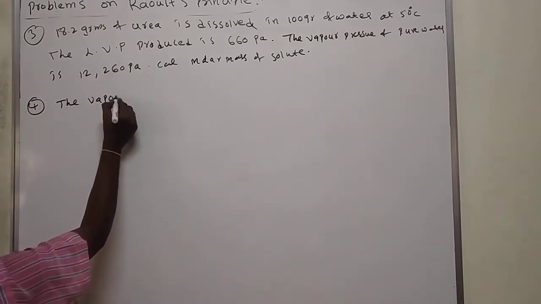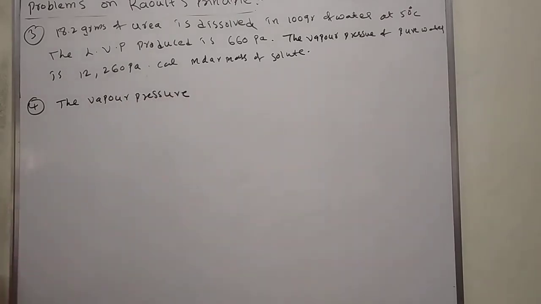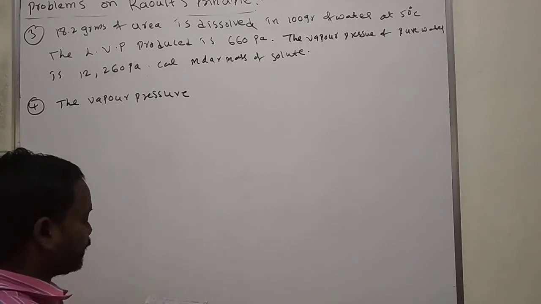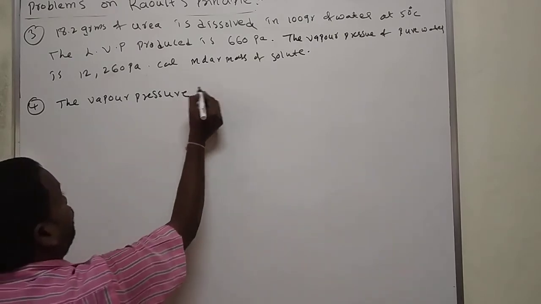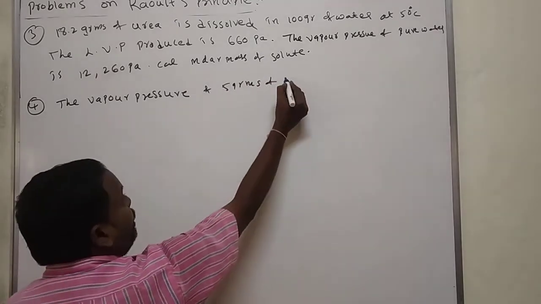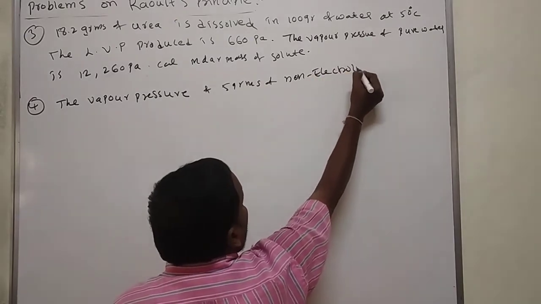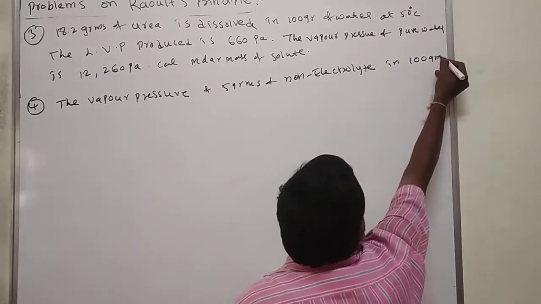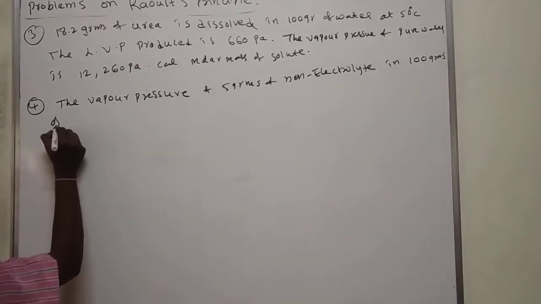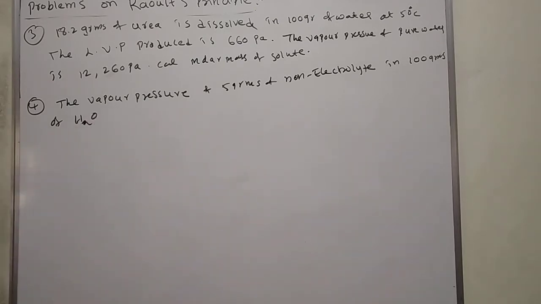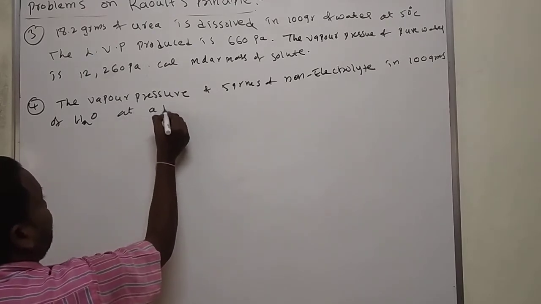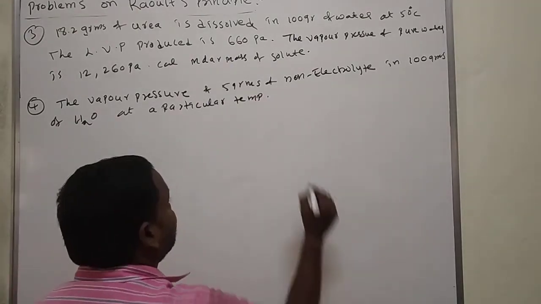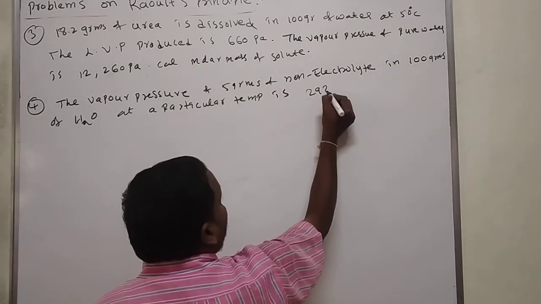The vapor pressure of 5 grams of non-electrolyte in 100 grams of water at a particular temperature is 298.5.